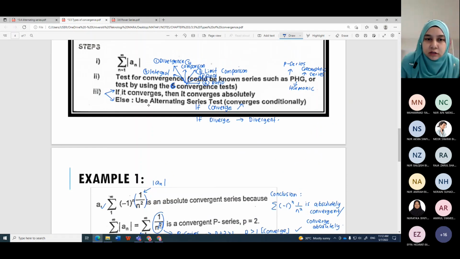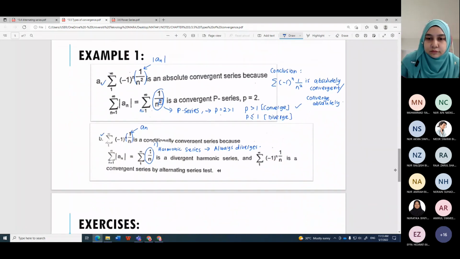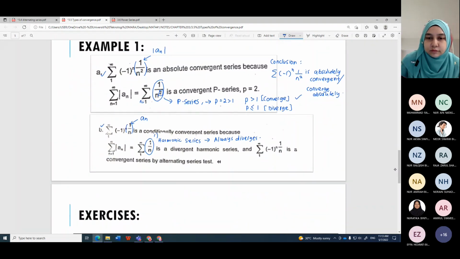Normally we use the alternating series test, AST, untuk yang ni. Ni perlu proof lagi yang ni, AST. So saya tuliskan kat sini lah. Okay, so proof for AST. There are two conditions for AST.